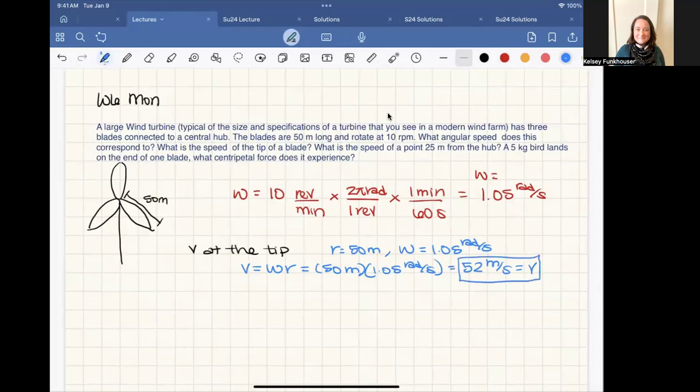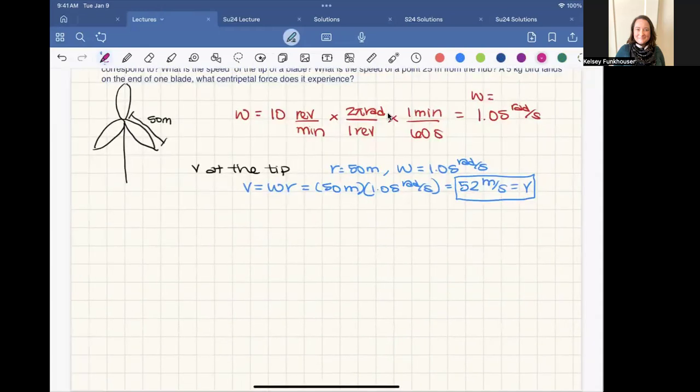Okay, and then it asks us for the velocity at a point 25 meters from the center. So now we're looking like halfway. So let's see, our radius is 25 meters. Our angular velocity is the same because angular velocity is constant no matter how far you are from the center. And so is angular acceleration. But linear velocity depends on how close you are to the center.